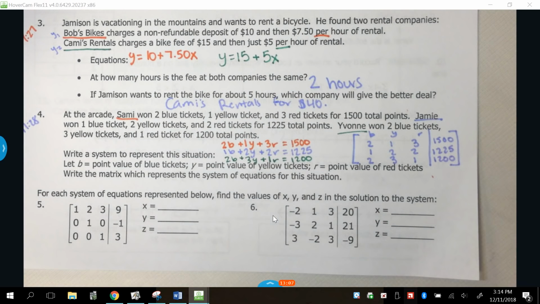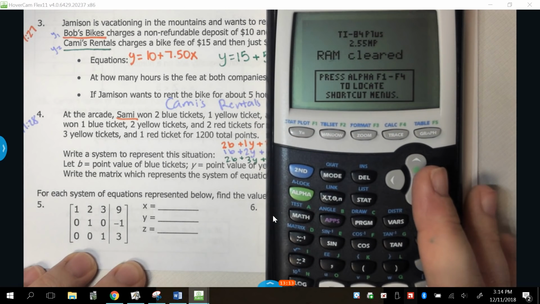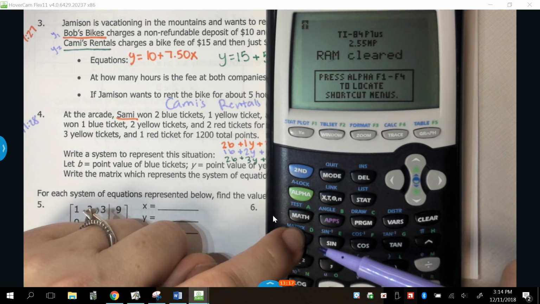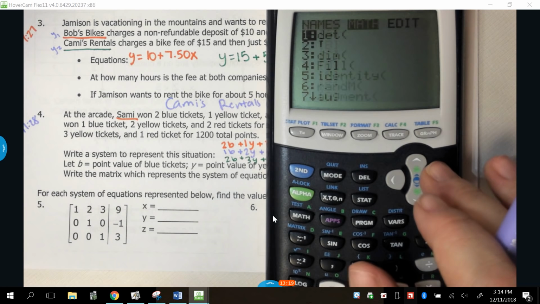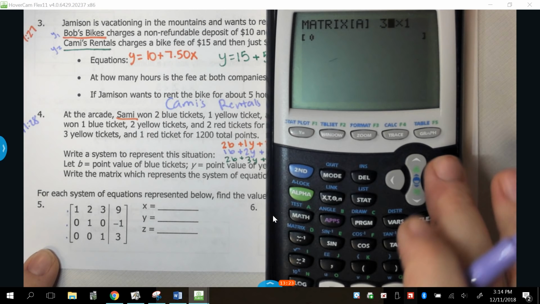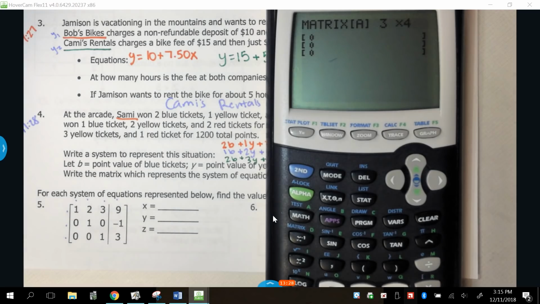Okay, number 5 is in our calculator. Okay, so remember, I'm going to put my whole calculator on the screen. Second matrix. See how it says matrix up there in blue? Okay, we have to edit because we actually have to put this in there. This is 3 tall, 4 wide.